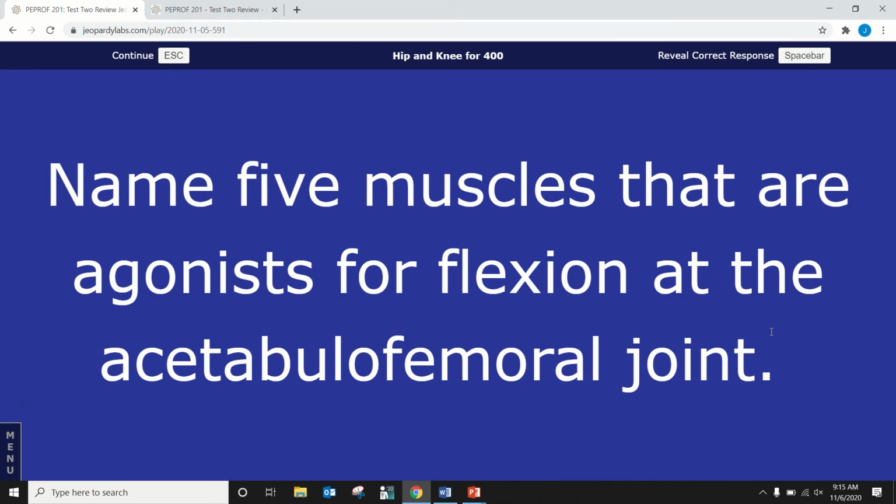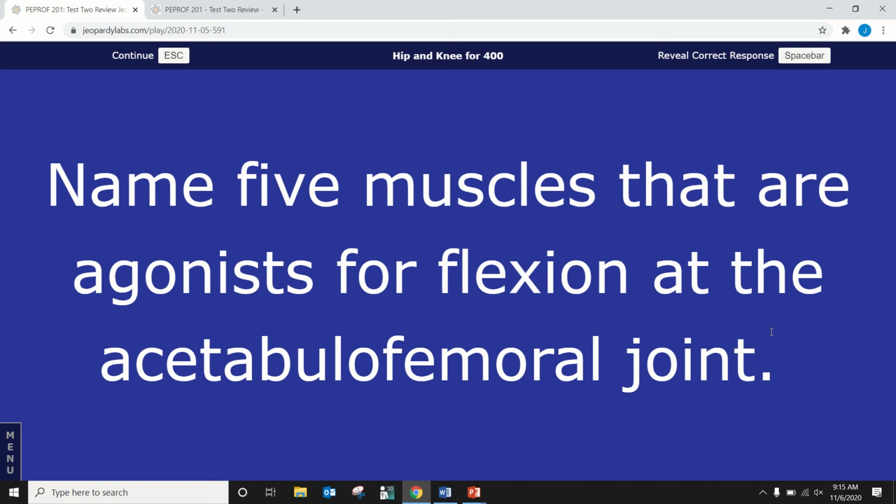Name 5 muscles that are agonists for flexion at the acetabular hip joint. Sartorius was one. Not according to the anatomy.